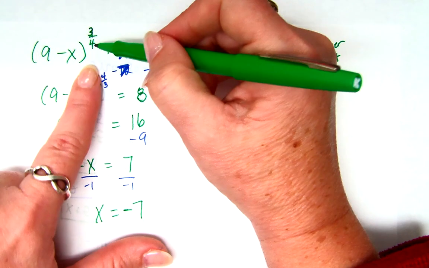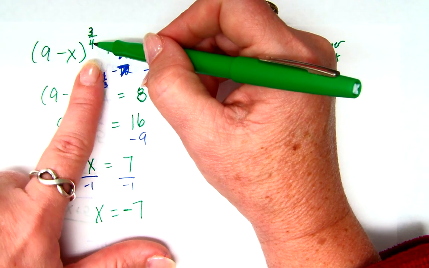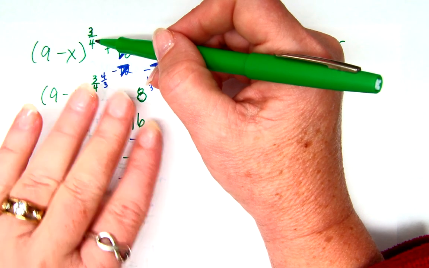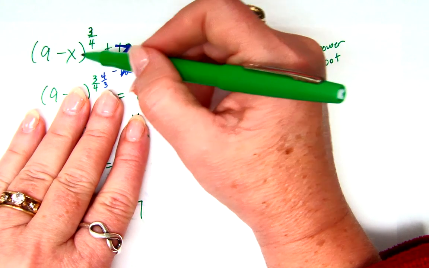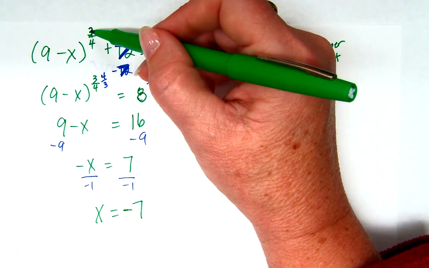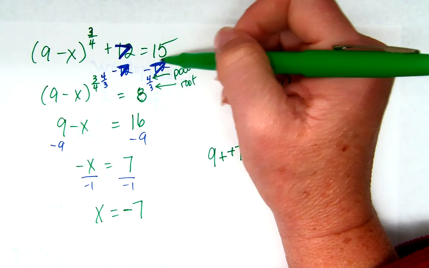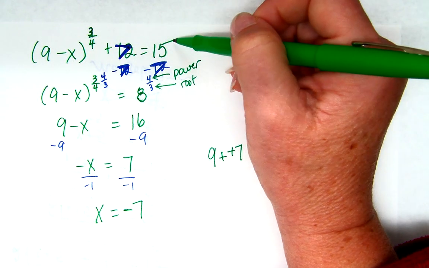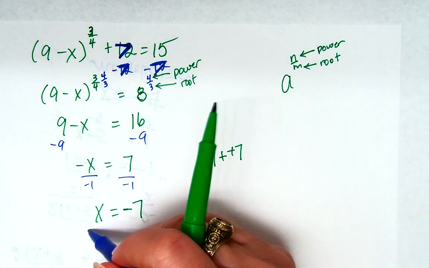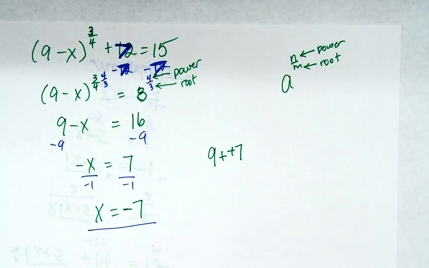What's the 4th root of 16? What times itself times itself times itself is 16? 2. What's 2 to the 3rd power? 8. What's 8 plus 7? 15. Does 15 equal 15? So is this the right answer right here? Yes? Good. Any questions?